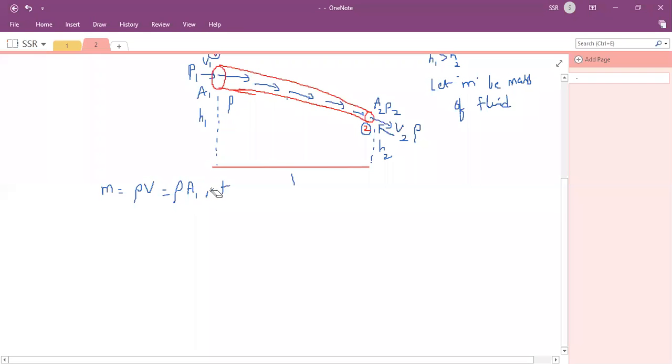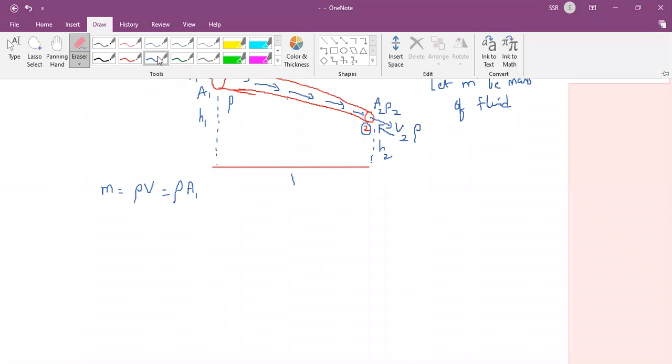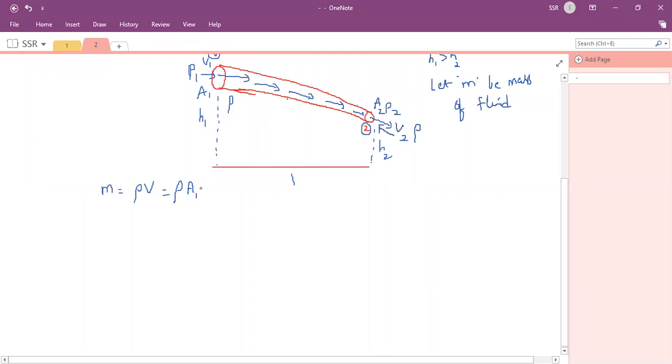One more step you can write: rho A1 into some length x1, because volume is A1 into x1. Then rho A1 x1, because x1 by dt is v1, so x1 is equal to v1 dt.